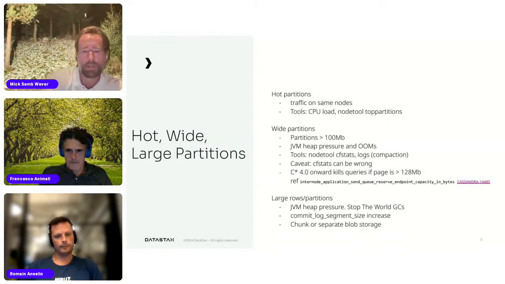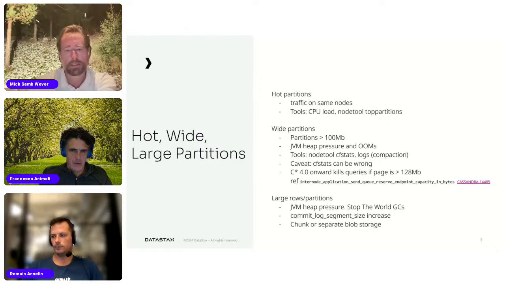Okay, and my last question before we jump on to the next slide is wide partitions. This one can be a little bit more tricky sometimes, because with time series data models, the idea of having 1 million rows in a partition is sometimes legitimate.